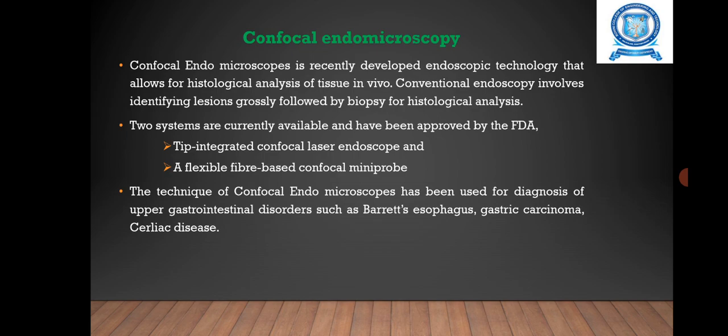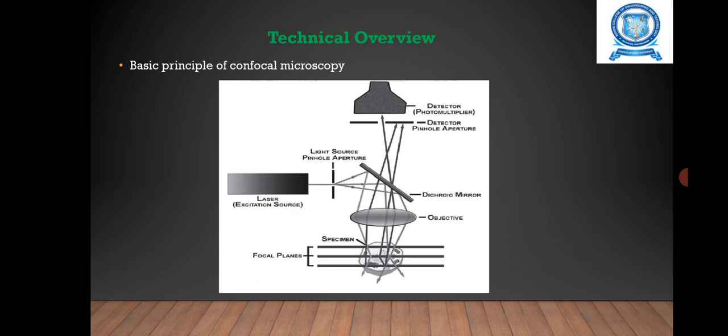Two systems are currently available: the tip-integrated confocal laser endoscope and a flexible fiber-based confocal mini probe. The technique of confocal endomicroscopy has been used for diagnosis of upper gastrointestinal disorders such as Barrett's esophagus, gastric carcinoma, and celiac disease.